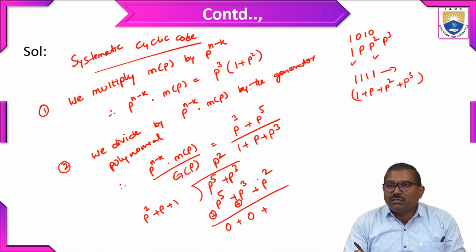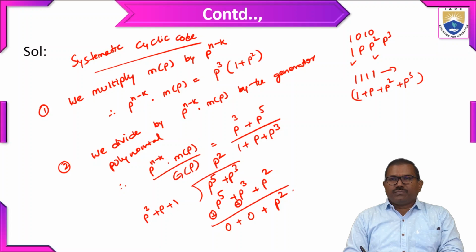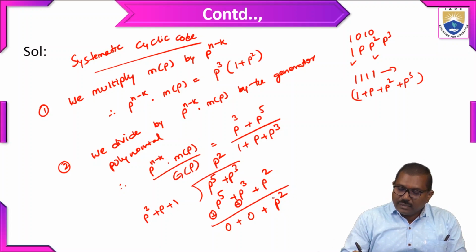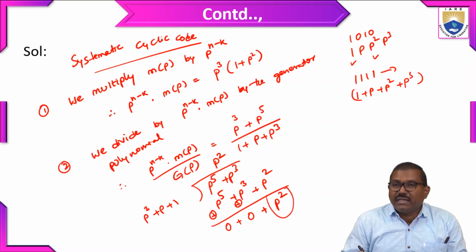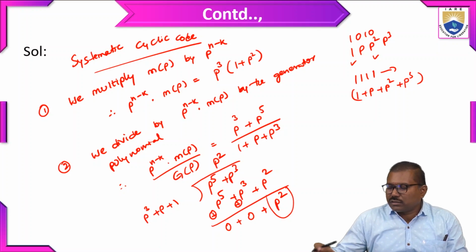Plus here no p square term, so 0 and 1, what you got? 1, one p square term. So this is my remainder. What is my remainder? P square. So 0 having no value, just leave it off. So p square we got.